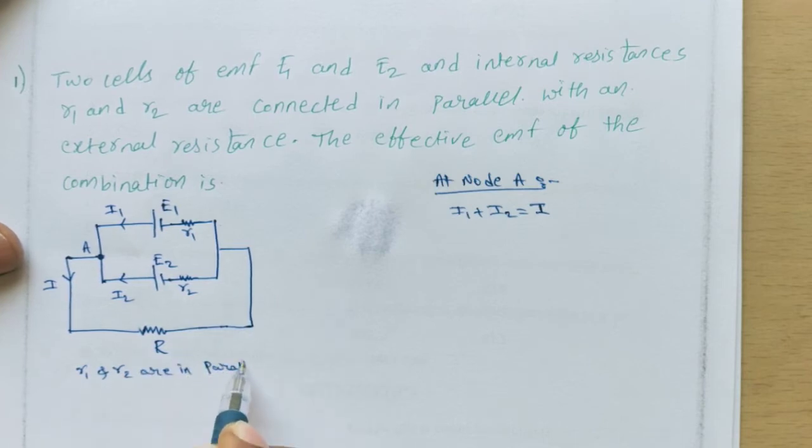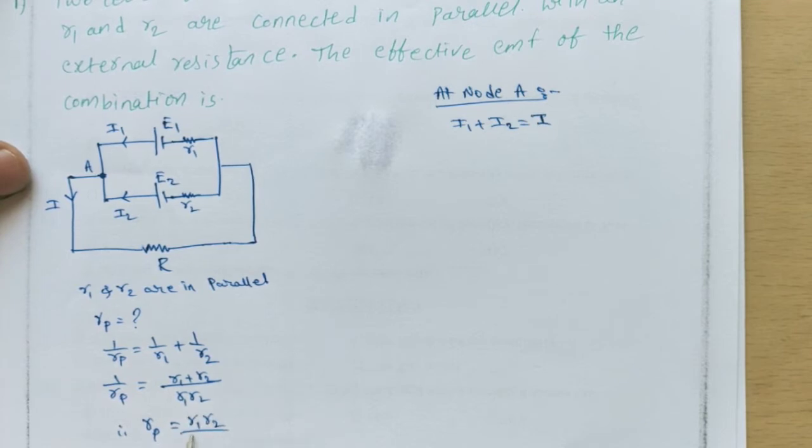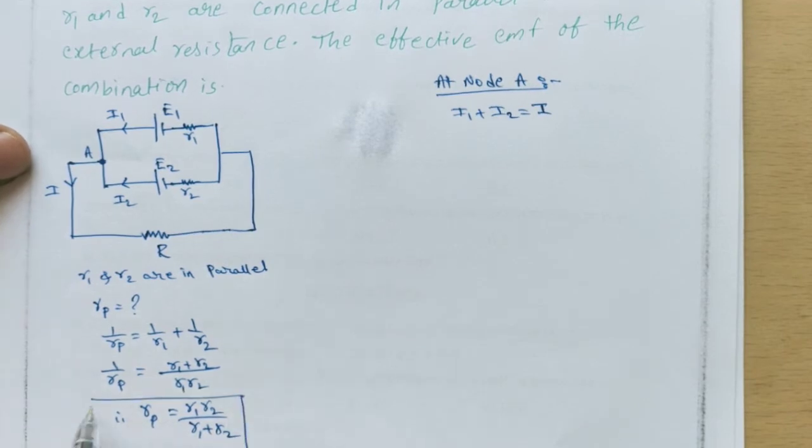So therefore here the effective internal resistance Rp, first we want to calculate. How we can get it: 1 by Rp is equal to 1 by R1 plus 1 by R2. So next, 1 by Rp is equal to R1 plus R2 divided by R1 R2 by taking the LCM, therefore Rp is equal to R1 R2 divided by R1 plus R2. This is the simple thing we identified.